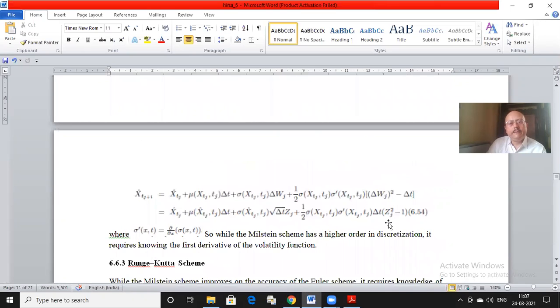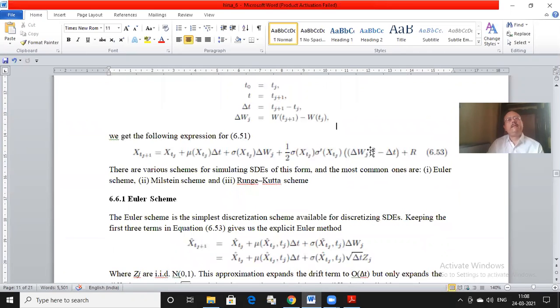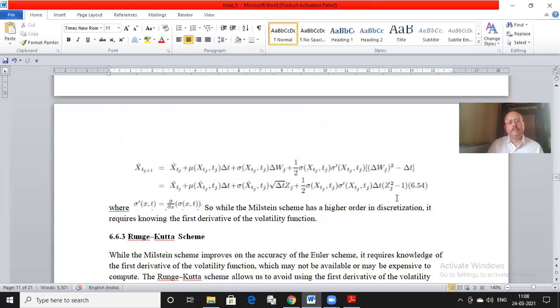Here that is modeled as delta t times Zj squared minus 1, because delta Wj squared is like a chi-square. So I can take delta t common, because that will be the sigma squared for this chi-square. If I take delta t common, this becomes the square of a standard normal random variable minus 1. So this is what it is here in 654.